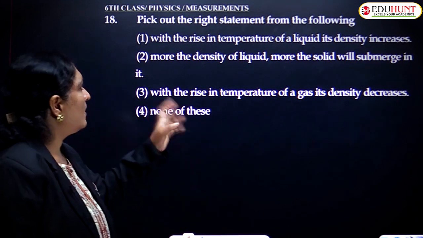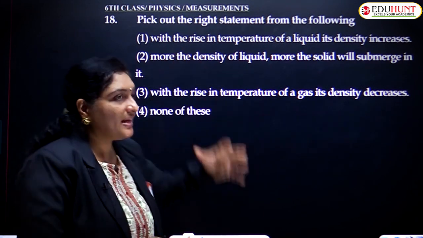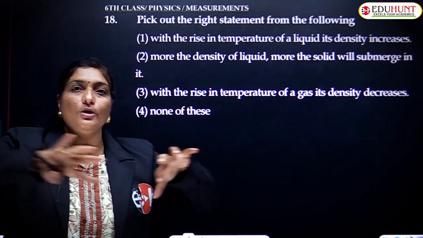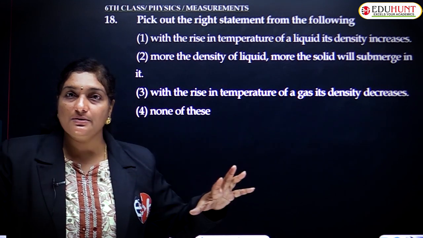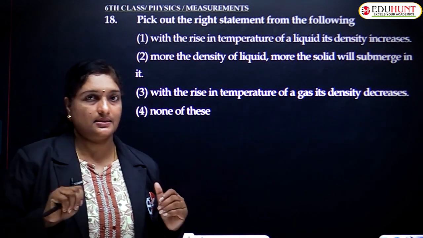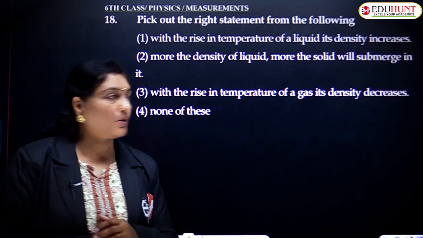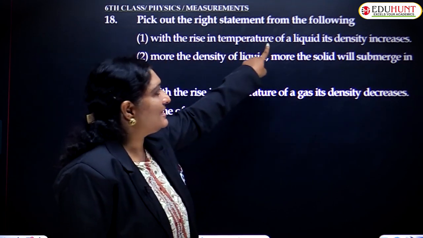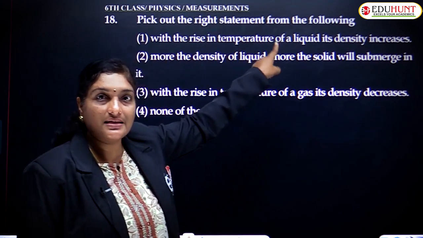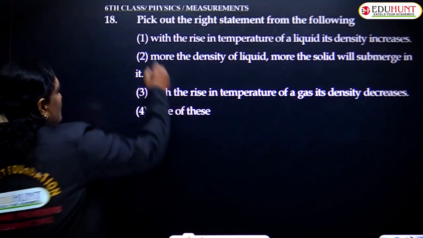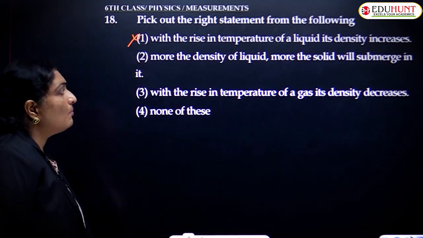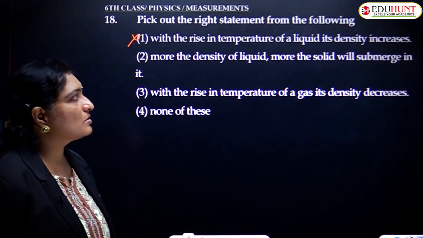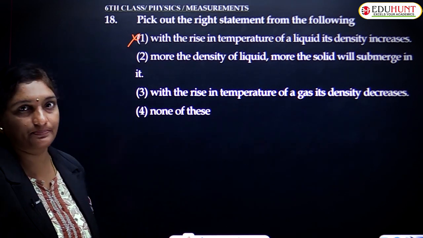So temperature rises means volume increases, and volume increases means density decreases. This thing you need to remember. So with the rising temperature of a liquid, does density increase or decrease? Decreases. So this must be a wrong statement. More the density of the liquid, more the solid will submerge in it.